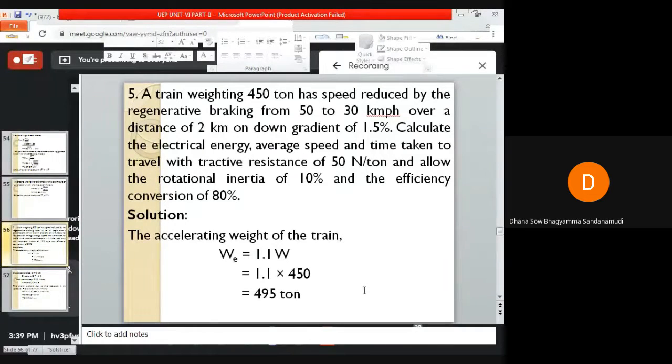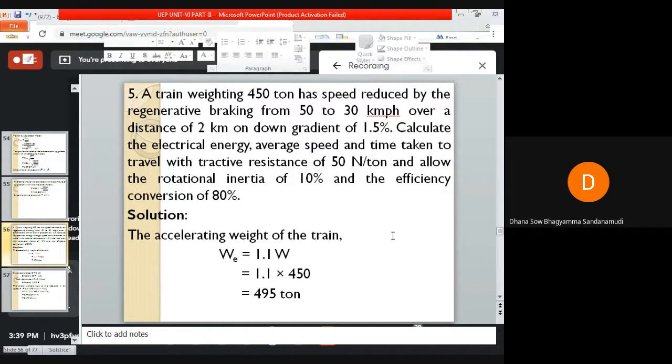Its speed has been reduced by regenerative braking from 50 kilometers per hour to 30 kilometers per hour over a distance of 2 kilometers on a down gradient of 1.5%. So the train has traveled down the gradient of 1.5% for 2 kilometers.